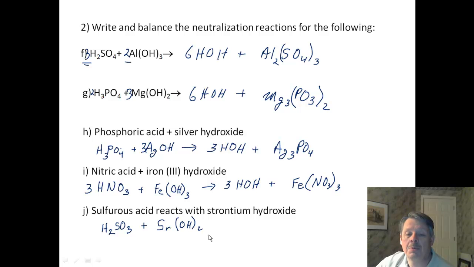So that means I need 2 hydroxides. And when I crisscross these, when I react these, I get HOH, of course. And you'll notice I have 2 hydrogens and 2 OHs, so that's really easy. And then I have SO3, strontium sulfite. All right, I think that's it.